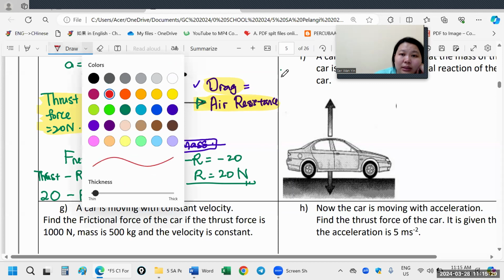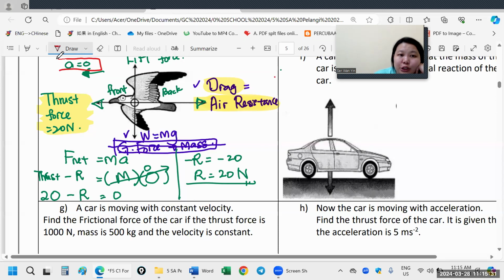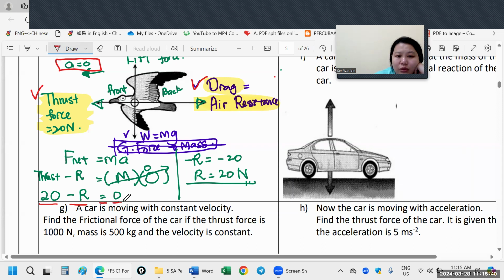If acceleration equals to 0, front minus back equals to 0. Okay, so we can also say the force on the left hand side equals to the force on the right hand side, or the force in front equals to the force at the back.